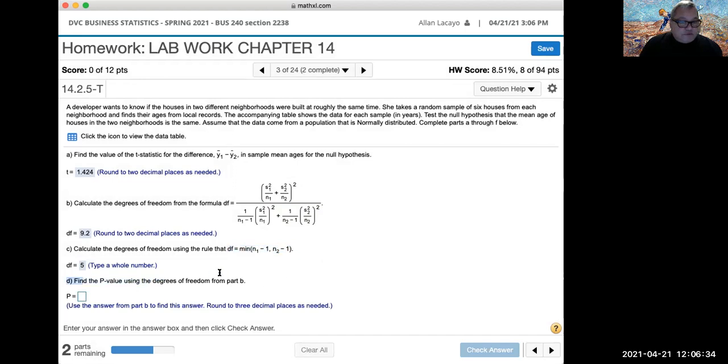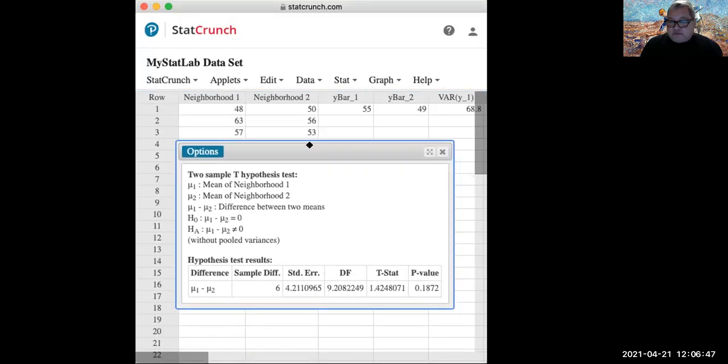When we then find the p-value using the degrees of freedom from part B with 9.2 degrees of freedom, the p-value is the one given by StatCrunch in the calculated test box.